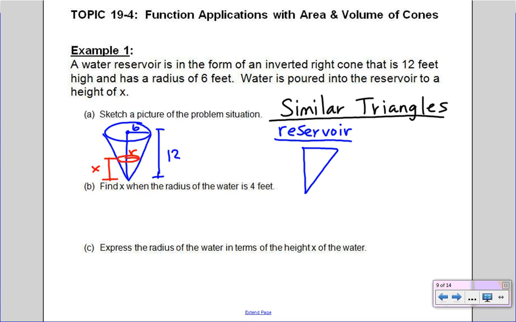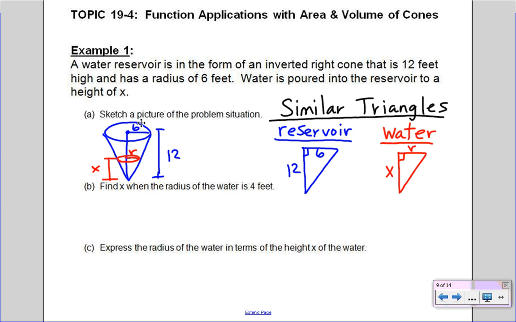We've got the radius of 6, and since it's a right cone, we know that's a right angle, and we've got the height of 12. And then we've got the water level, whatever height the water is at. This is going to be a similar triangle to the container, so the water is going to have a radius of r and a height of x.